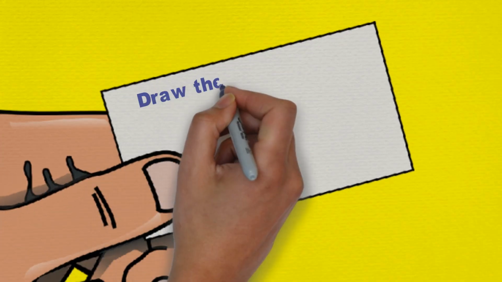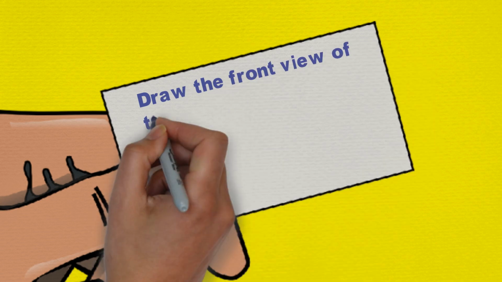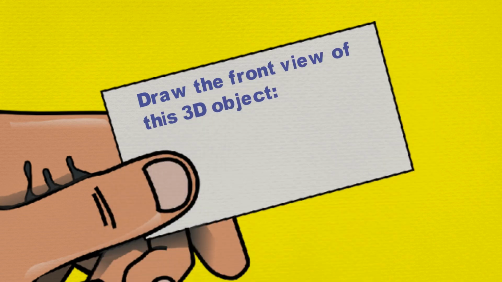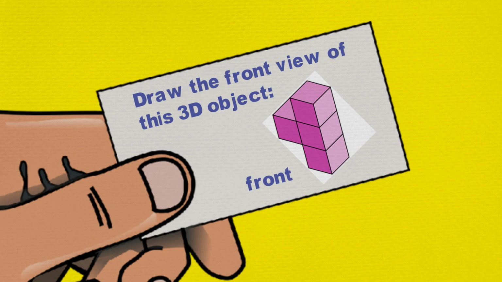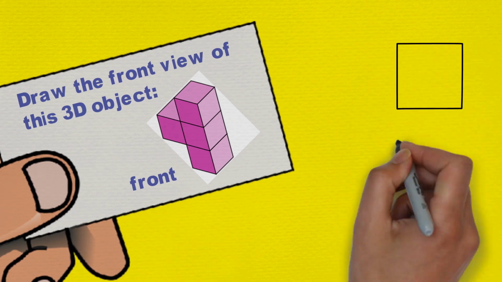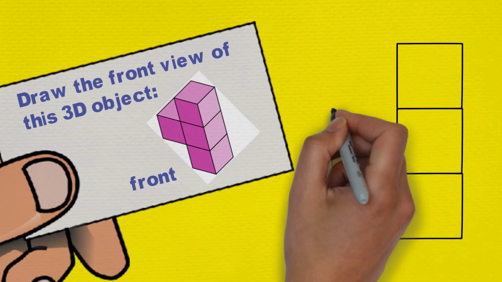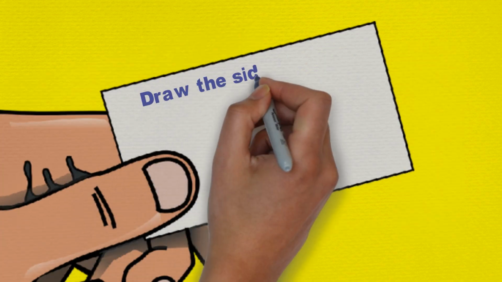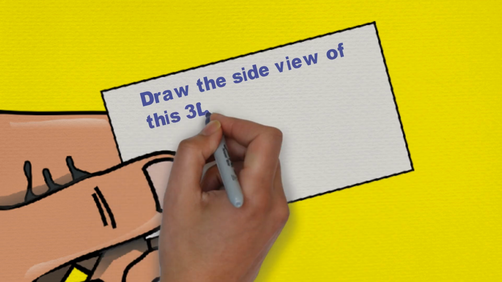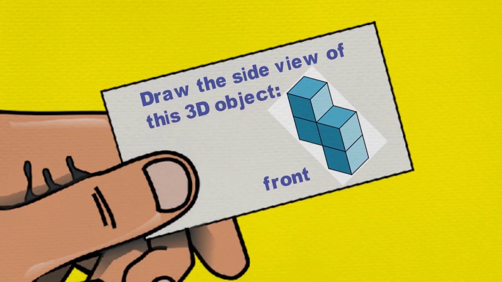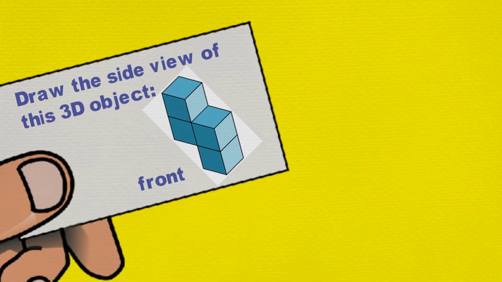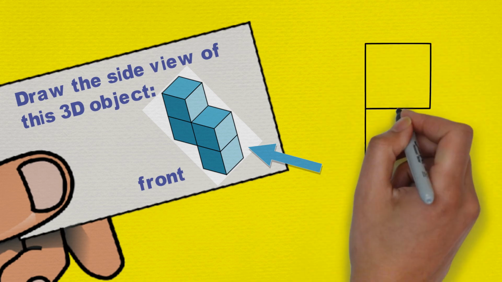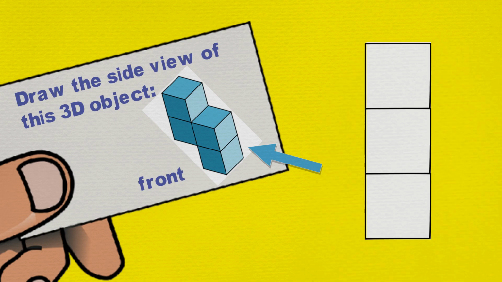Question: draw the front view of this 3D object. Answer: the front view of this 3D object would look like this. Question: draw the side view of this 3D object. Answer: the side view of this 3D object would look like this.